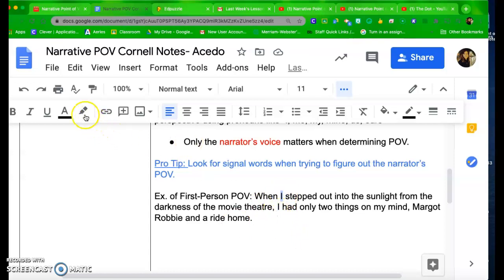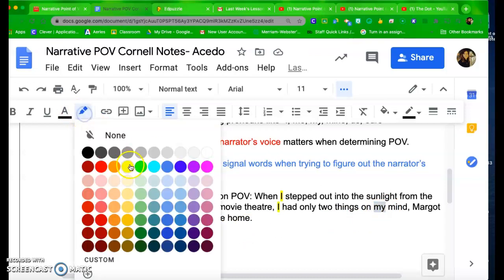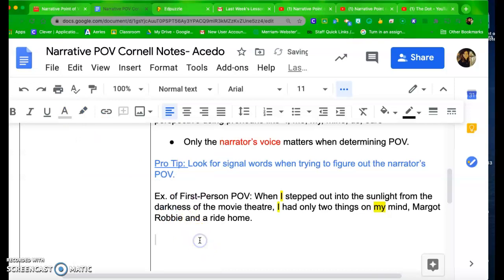Like I, my mind. Okay. Those are the signal words that help us to know that this is an example of first-person point of view.